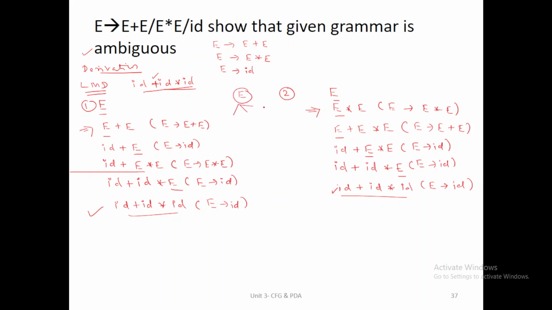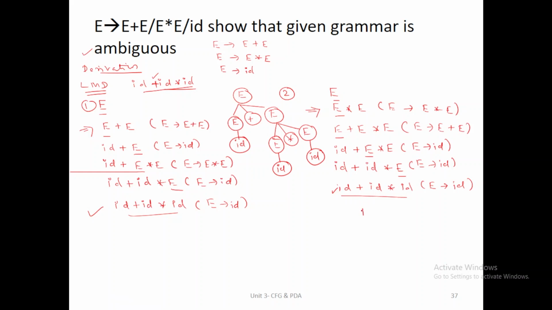This E will be replaced as E plus E. Then this E will be replaced as id. This E will be replaced as E star E. Then this is replaced as id, and this is replaced as id. So this is the parse tree for the first derivation.